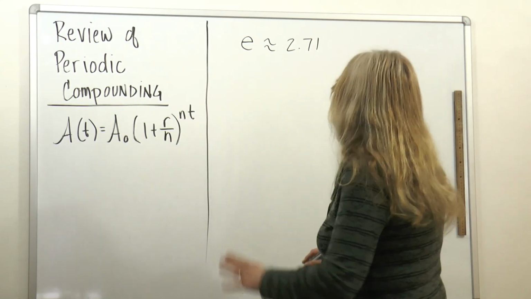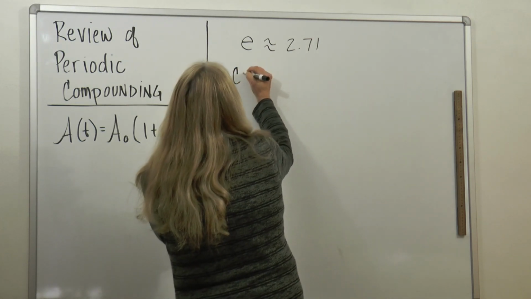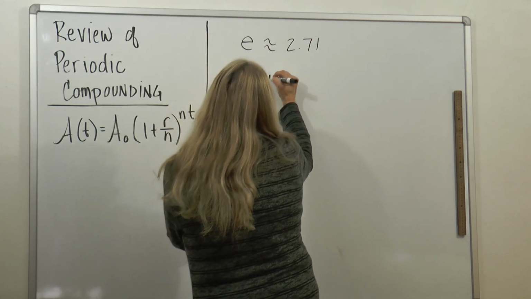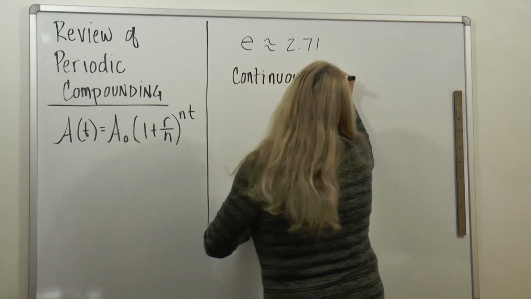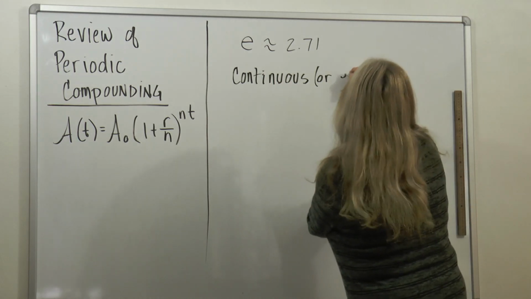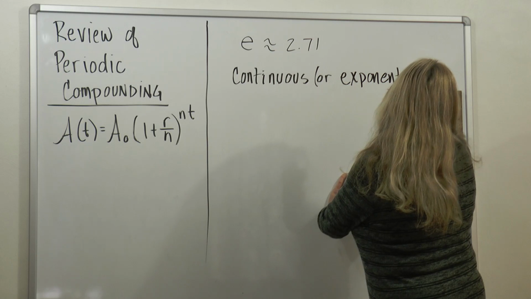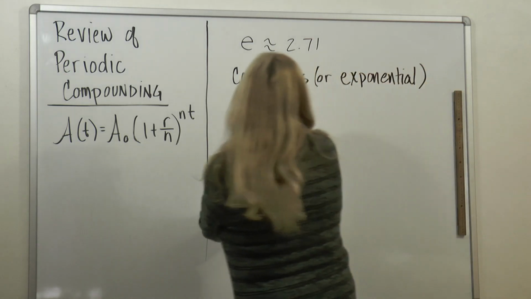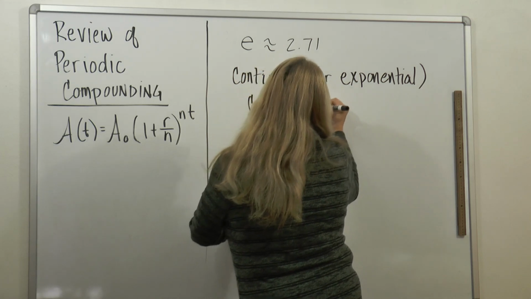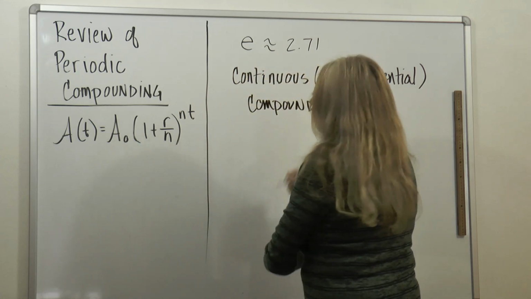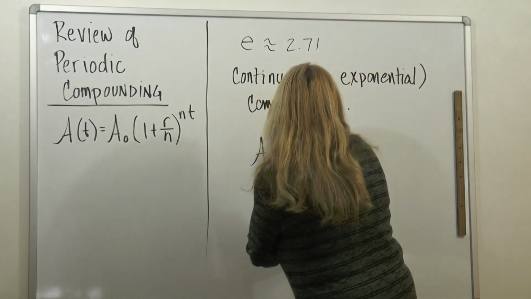So now, what we have is, if I use this, and we have continuous, sometimes called exponential. Okay? Now our equation is going to look like this.